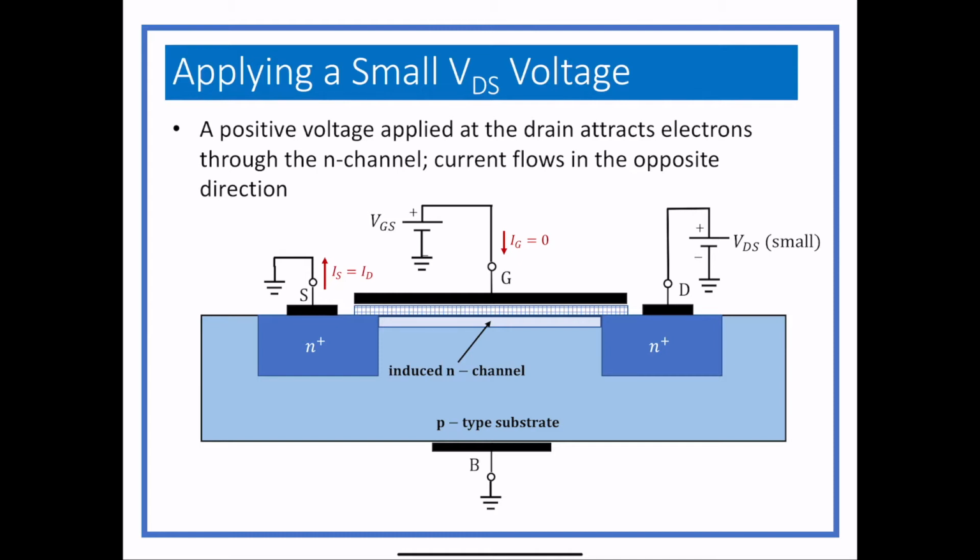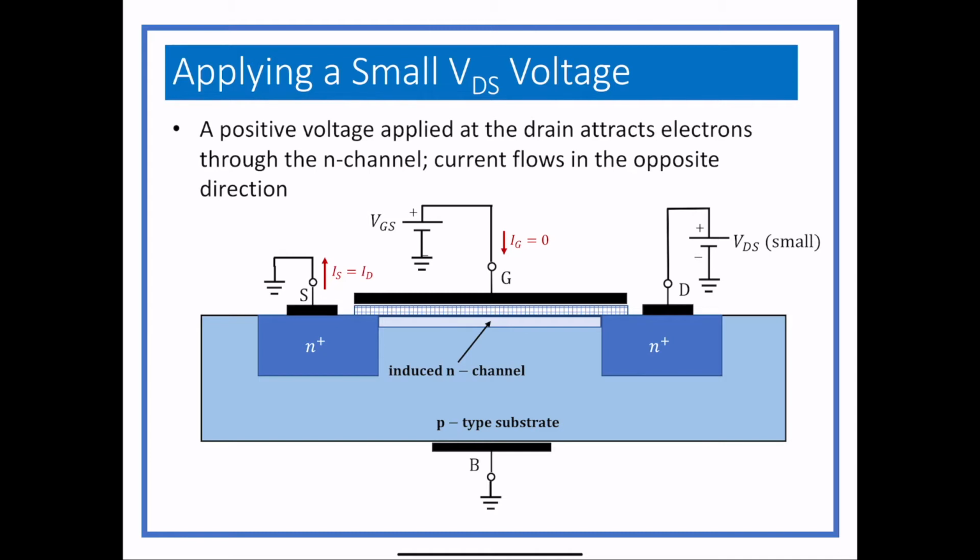But the drain current and the source current are the same, so we never talk about the source current. We generally just talk about the drain current, and we know that it's going to be the same as the other. The gate current is 0, so there is no current that flows into the gate at all, but it does provide a voltage. And once it has provided a voltage, then we can have a channel.